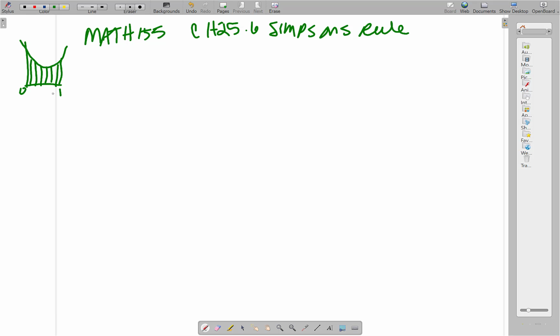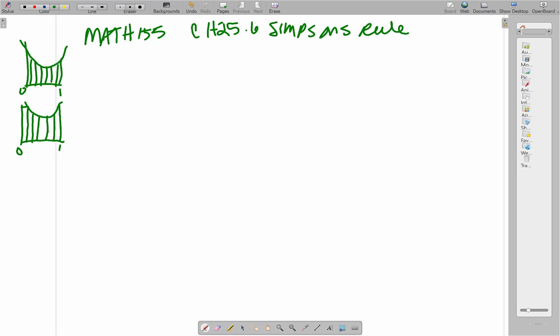And then with the trapezoidal rule, we did the same thing, except we used trapezoids and the trapezoid formula to approximate it even better.